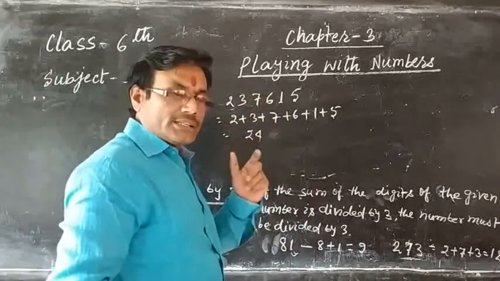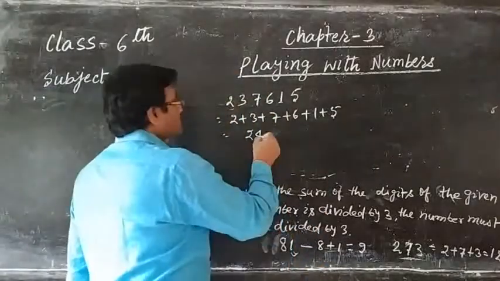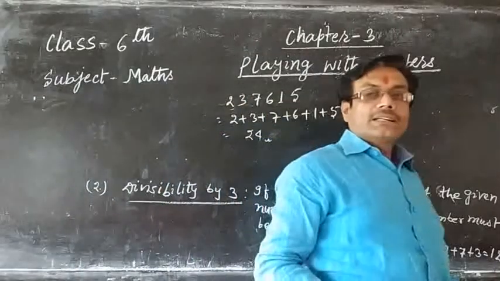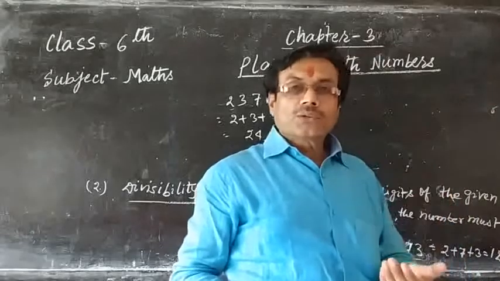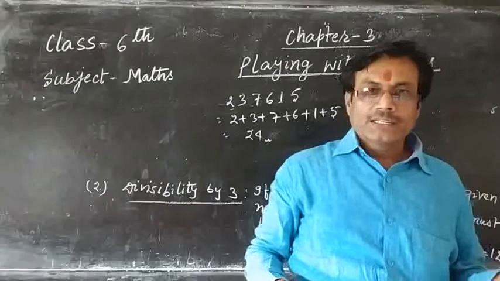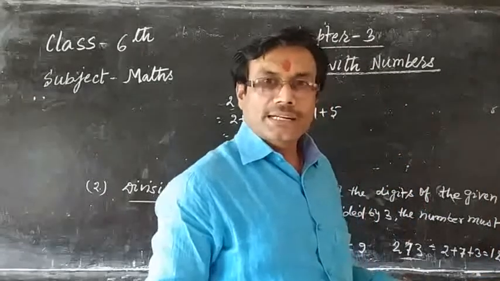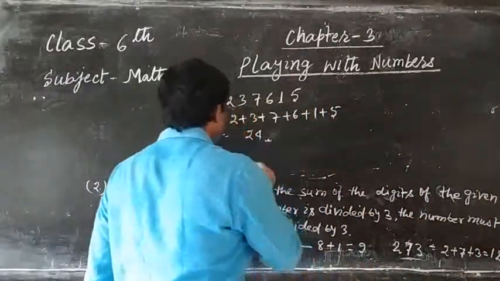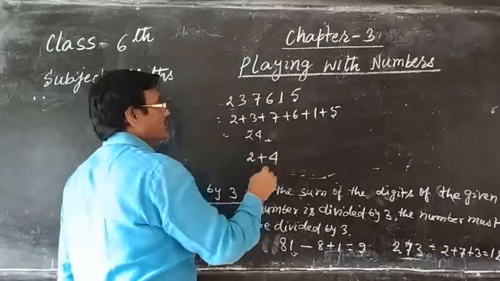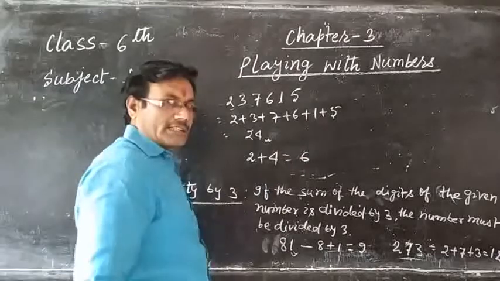Now suppose that the outcome you have got, you don't know if it is divisible by 3 or not. मान लो कि तुमको ये पता नहीं है कि 24 कटेगा कि नहीं कटेगा, तो क्या करना है कि again you have to repeat this process as 2 plus 4 is equal to 6.